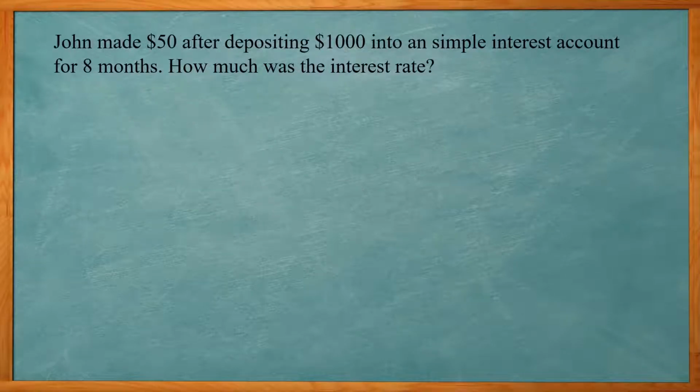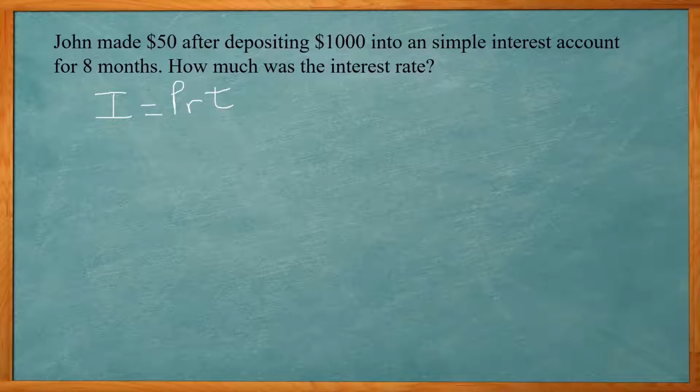Alright, so this one says John made $50 after depositing $1,000 into a simple interest account for 8 months. How much was the interest rate? Okay, so this is still the same formula, I equals PRT. Now instead of finding I, how much interest they earned, they want to know what the interest rate was.